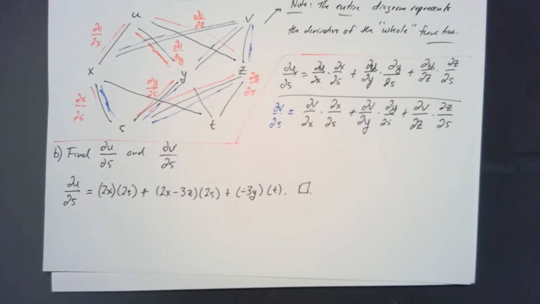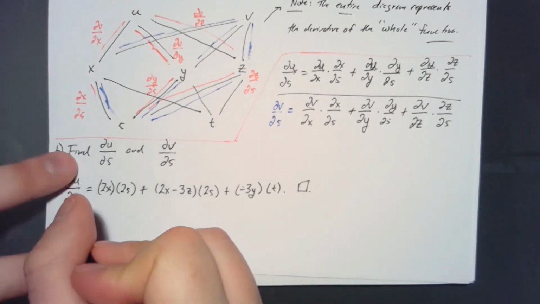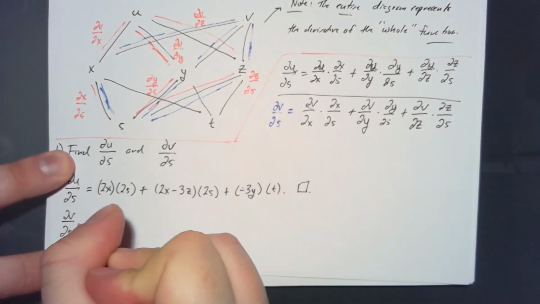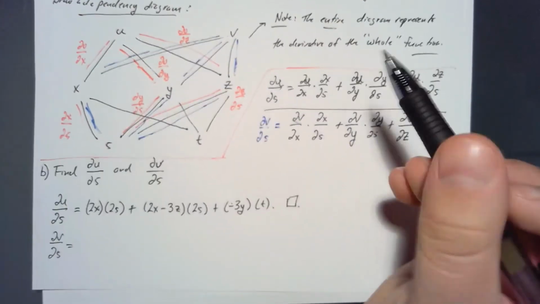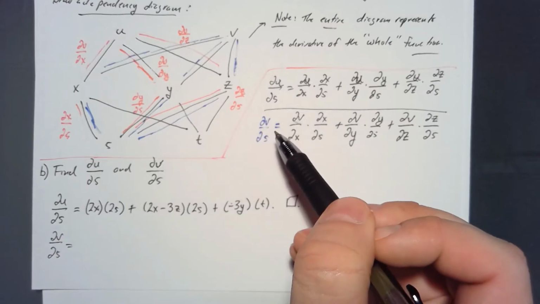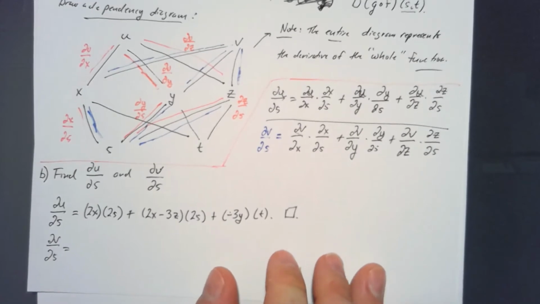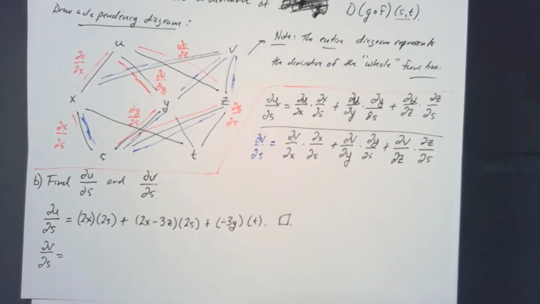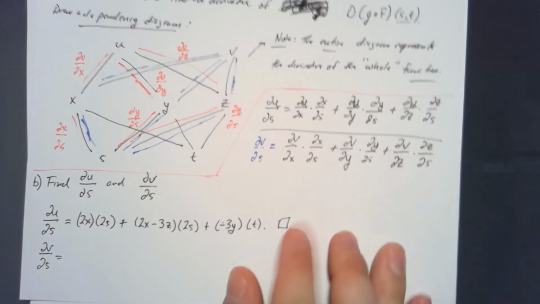Now, a similar process, you could do that to get dv ds as well. And just go through it, term by term, just like I did up there. dv dx, dx ds, and so on. So if you do that, I'll go through it here.